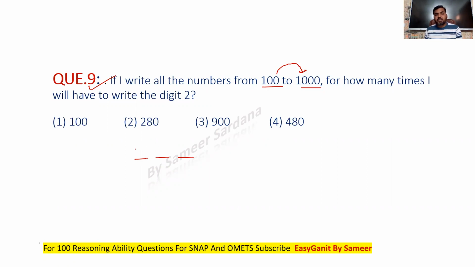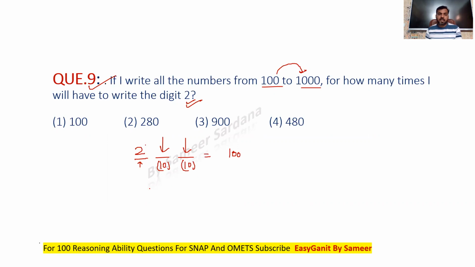Now, if I'm fixing 2 here, I'm supposed to count how many times I'll be writing the digit 2. This place can be filled in how many ways? 10 ways. This place can also be filled in 10 ways, right? So there'll be a total of 100 numbers.